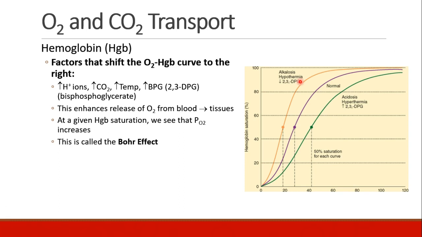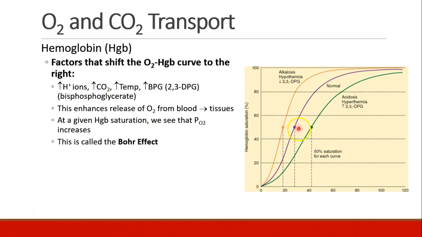The next thing you need to know about the oxygen hemoglobin curve is that it can shift to the left or the right. The way I like to remember things that shift to the right is that they are all elevated things. So elevated hydrogen ions, elevated CO2, elevated temperature, and elevated BPG, also called 2,3-DPG. This stands for bisphosphoglycerate, and we'll talk about that substance a little bit later.